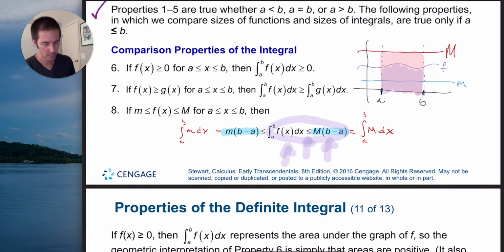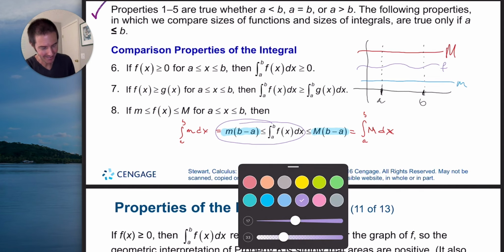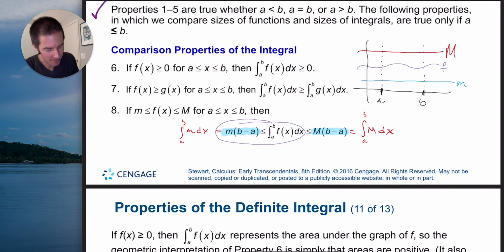Should I draw the other one? This over here says that this area under lowercase m, which is a constant value, that area under the m curve, I say air quotes because lowercase m is actually a straight line, that area is less than this area.